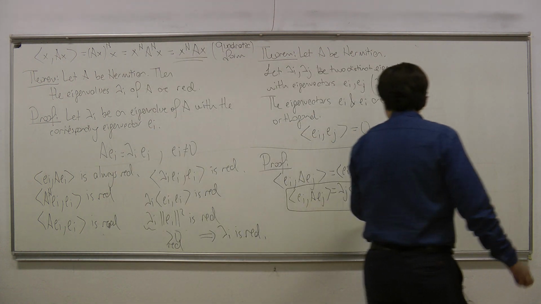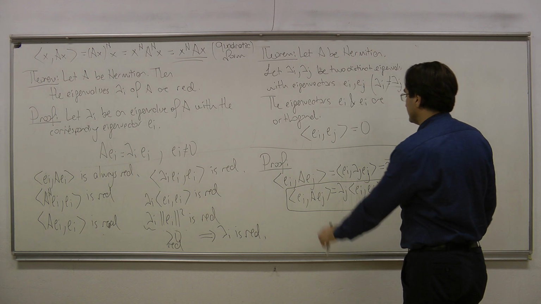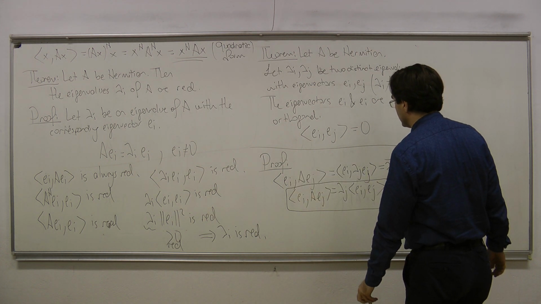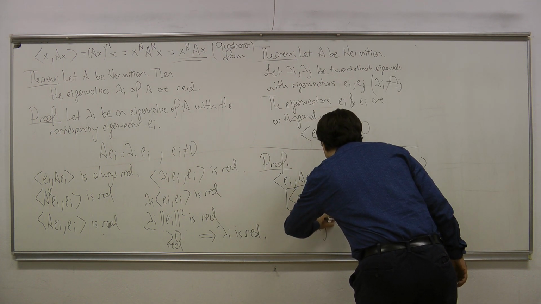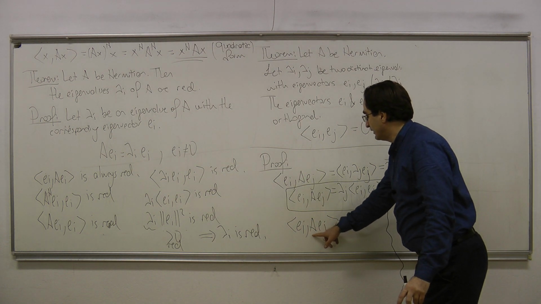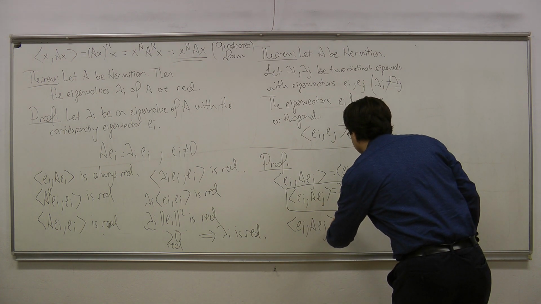Now I will try to show another equality for this quantity, and then go to the main result. Let us start with EI, AEJ, and use the inner product property with A. If I want to take this A to the other argument, then I need to take its Hermitian.